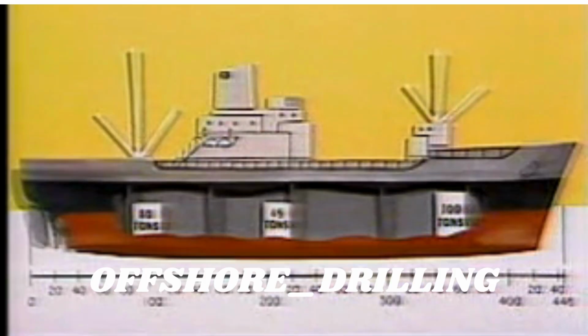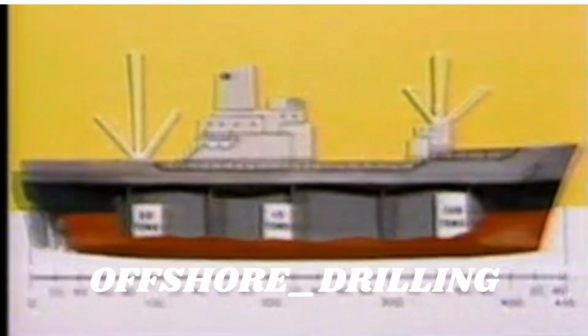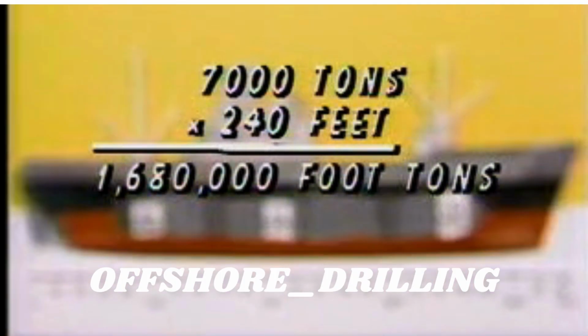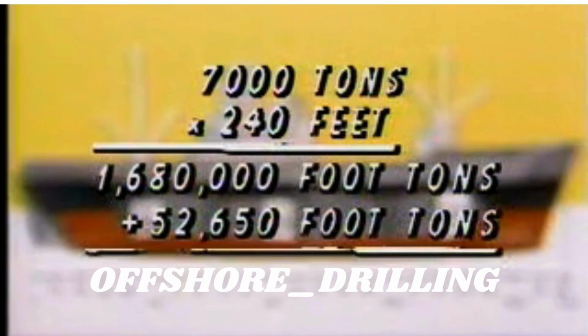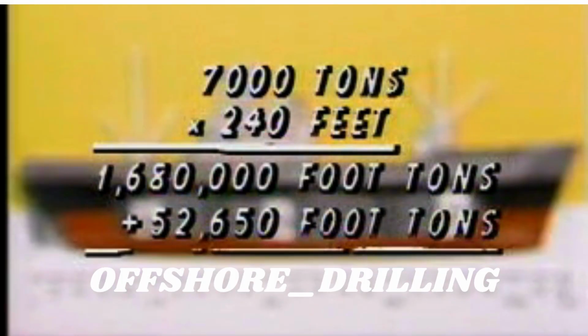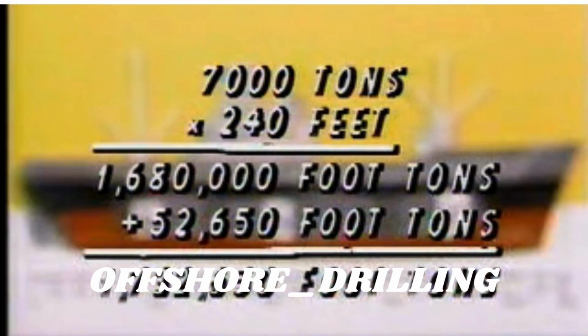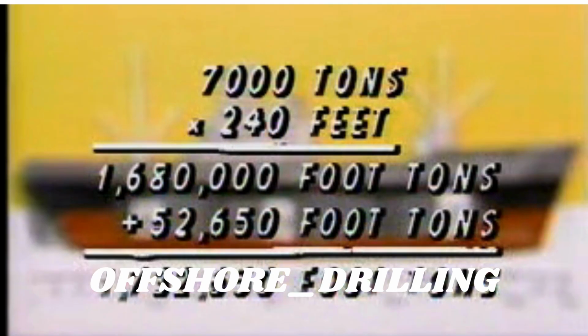The moments of the ship without her cargo are thus calculated by multiplying 240 feet times 7,000 tons, which gives us 1,680,000 foot-tons. This is added to the moments for the cargo, 52,650 foot-tons, to give us a total of 1,732,650 foot-tons.